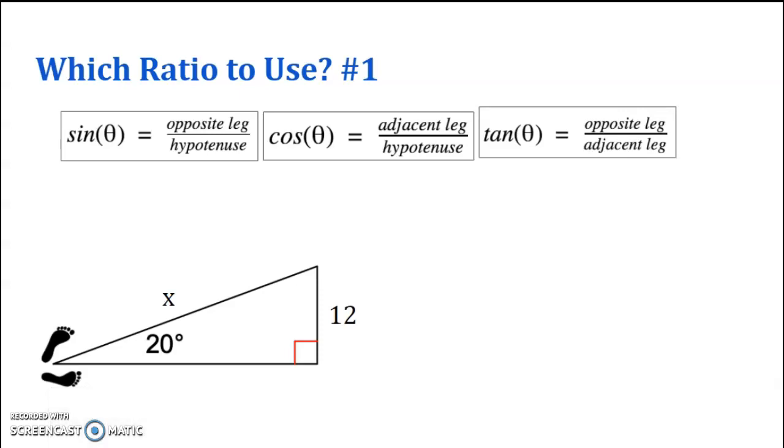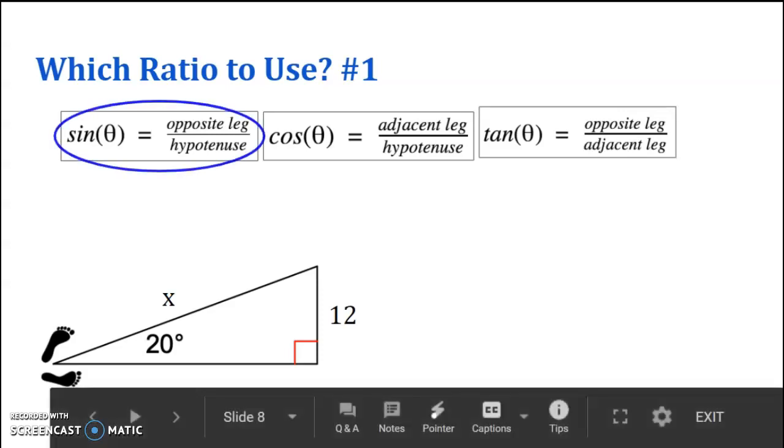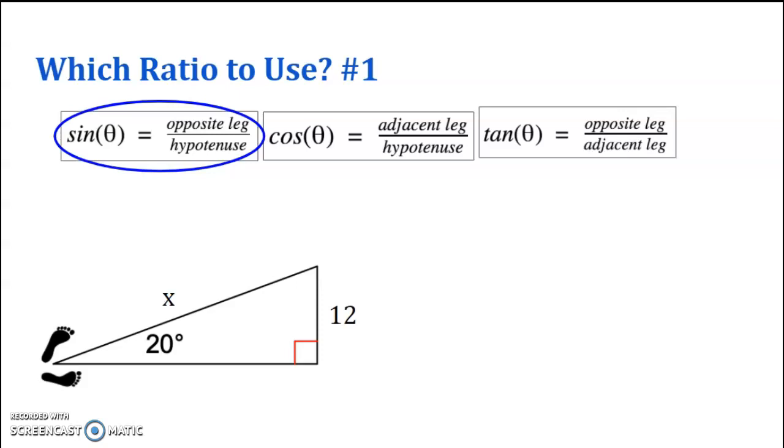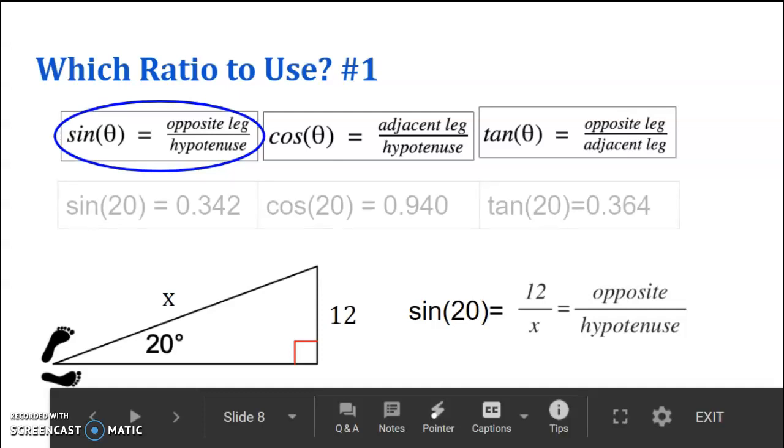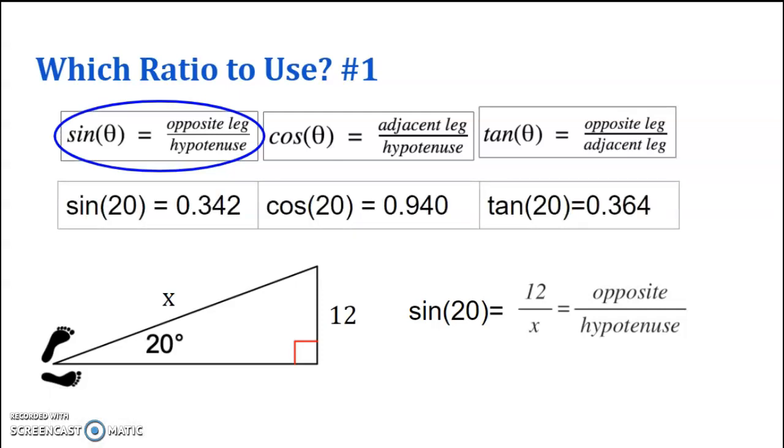So which is the ratio with the opposite side and hypotenuse? That's sine theta. So we can say that sine of 20 degrees is 12 over x, because the opposite side is 12 and x is the hypotenuse. We're told that sine of 20 is 0.342.